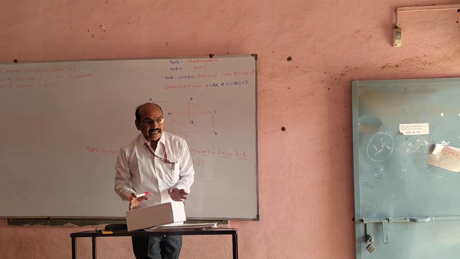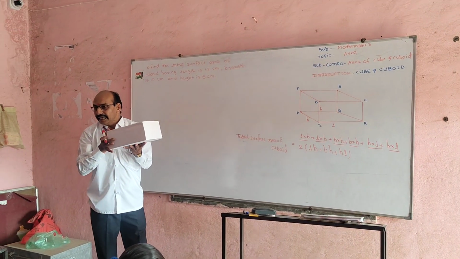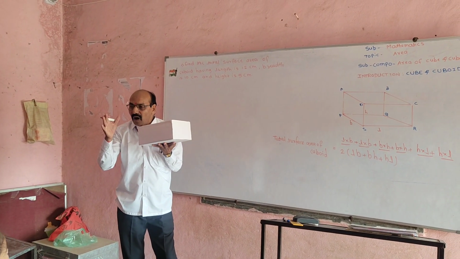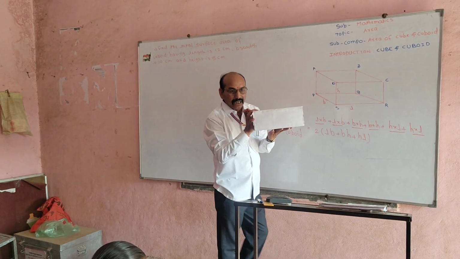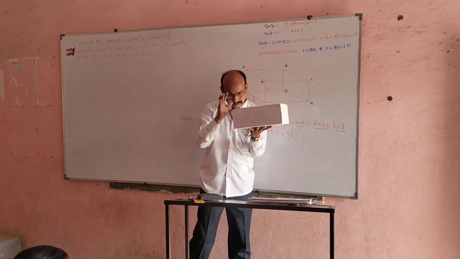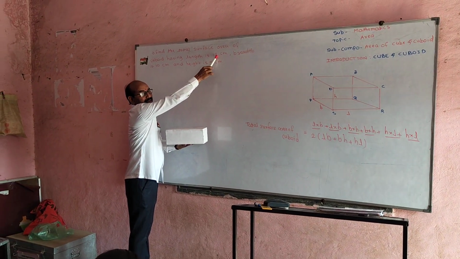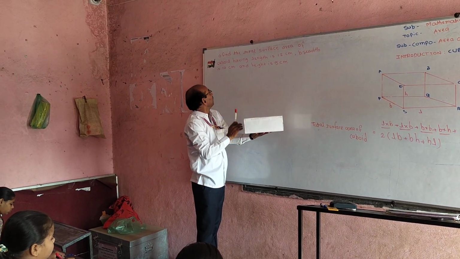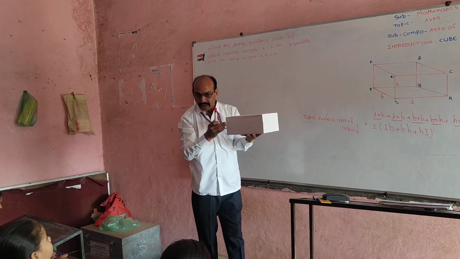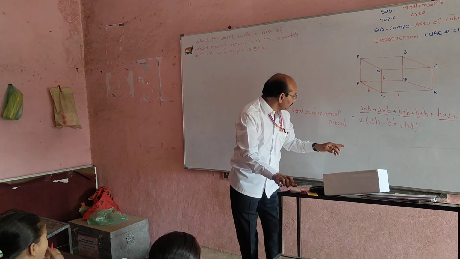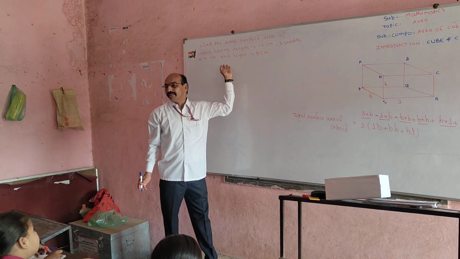So what is meant by total surface area? Total surface area means the sum of the areas of all faces. We have to find the area of this figure. For example, this figure has length 12 centimeter, breadth 10 centimeter and height 5 centimeter. So use this formula and calculate the total surface area of the given figure.